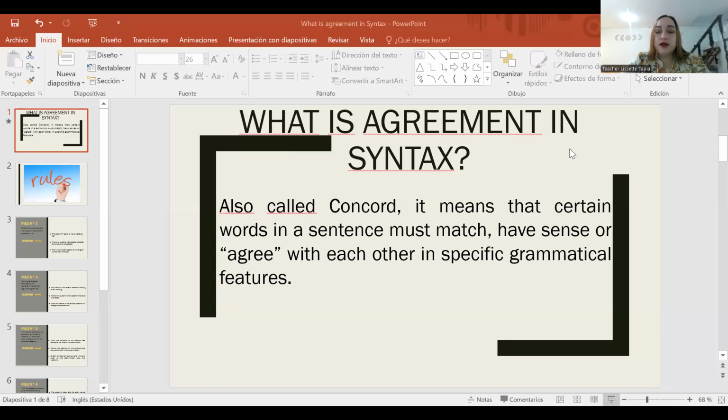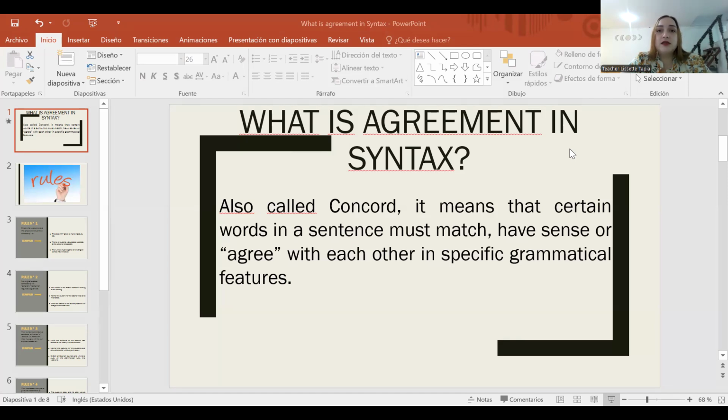Okay, so today I am going to explain with my own words and my understanding what agreement in syntax is. Let me please share my screen with you. To start with, agreement in syntax is also called concord.